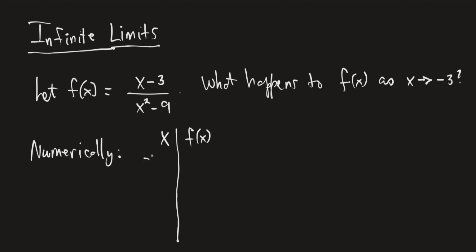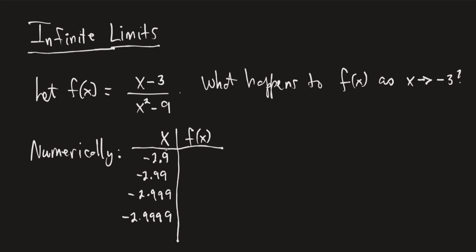We could do negative 2.9, then negative 2.99, negative 2.999, and I'll do one more, negative 2.9999. We can continue this if we wanted, just by adding more nines after the decimal point.